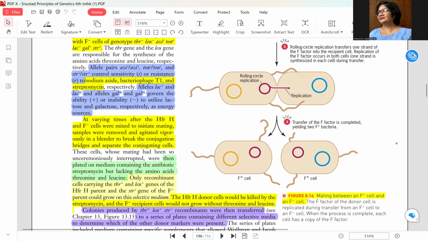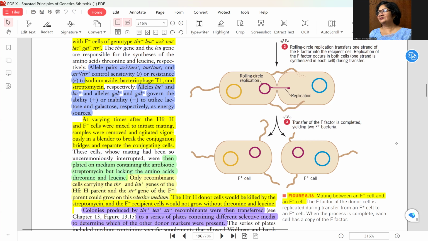This occurs by rolling circle replication because F factor is a circular DNA molecule. It can be copied by rolling circle replication into two copies. The strand of DNA which is displaced from the F factor during rolling circle replication is transferred into the recipient cell.